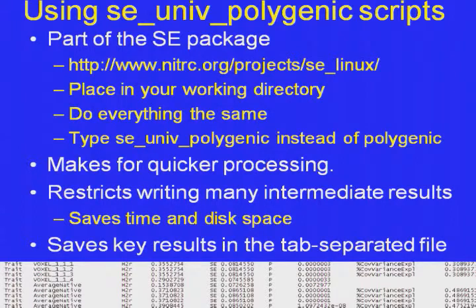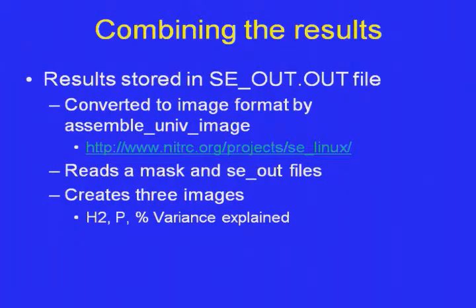The results are now saved in a tab-separated file, which makes follow-up reading of the results for the 400 or 500,000 traits that you've just processed a lot simpler. The name of this file is the SE_out.out file, and you can convert it back to image format with a program called assemble univariate_image.